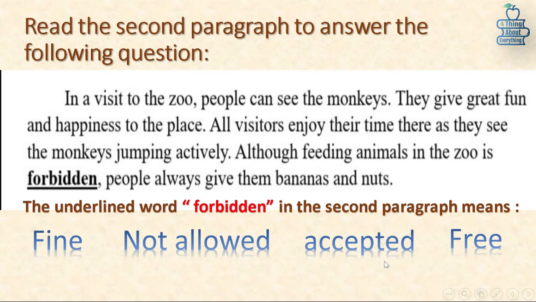Forbidden. Is it fine, not allowed, accepted, free? Of course not accepted or free. We have here fine or not allowed. Not allowed is the most suitable for the meaning of forbidden. Not allowed. They are not allowed to do that. Although feeding animals in the zoo is not allowed, people always give them bananas and nuts. So what did I do?